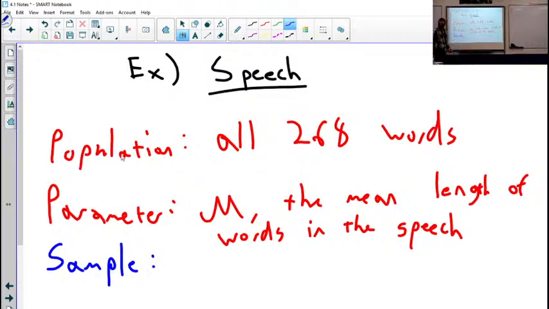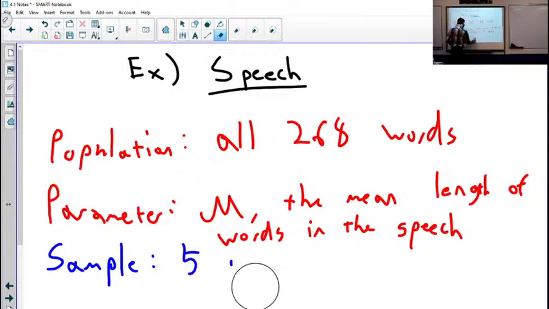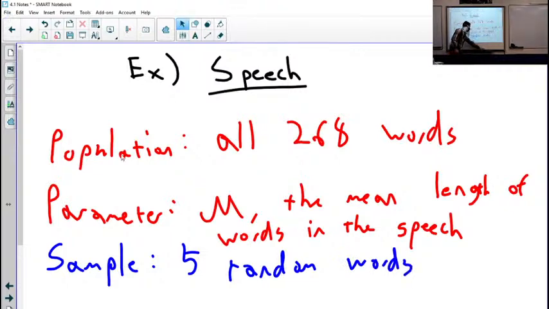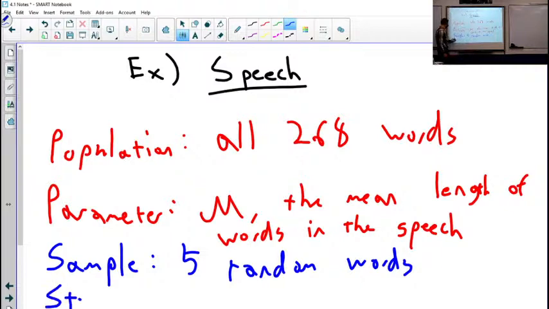The sample is our 5 words that were chosen at random. And so the statistic we got off of that, so my statistic from my sample, is X bar.